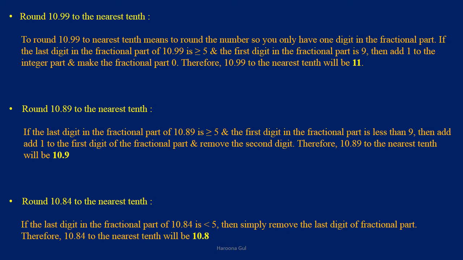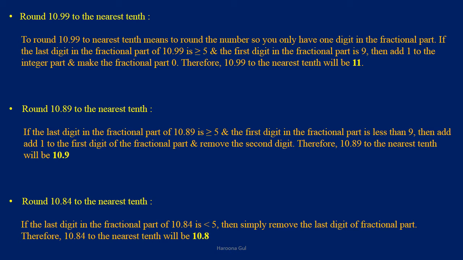To round 10.99 to the nearest tenth means to round the number so you only have one digit in the fractional part. This is a very important line.